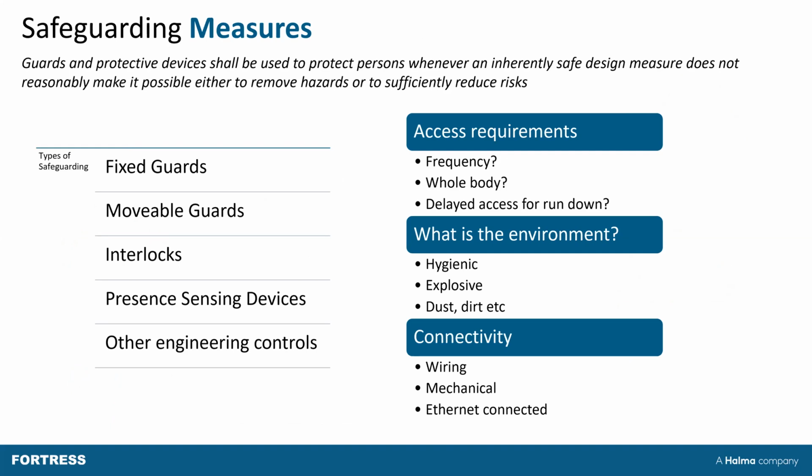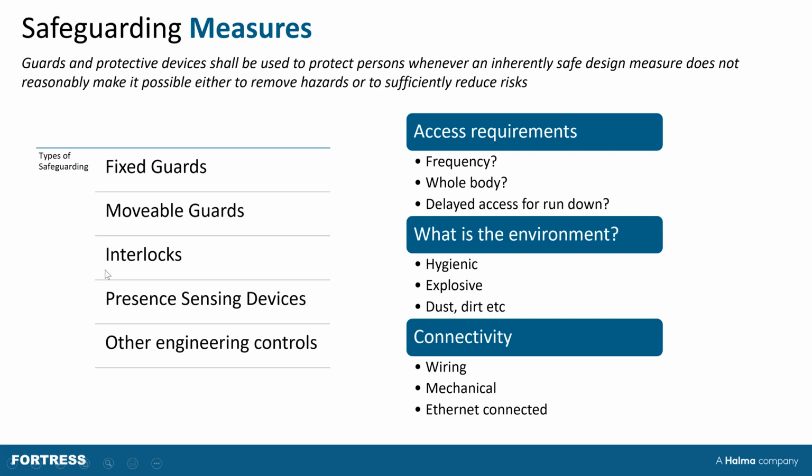Movable guards is the next option. If you've got movable guards, you're going to need some kind of interlock. If you don't want movable guards, you're going to need some kind of presence sensing device, or sometimes in conjunction with guards as well. And then there's some other things as well. We'll talk about those other controls and sensors and buttons of various descriptions. So there's lots of different things.